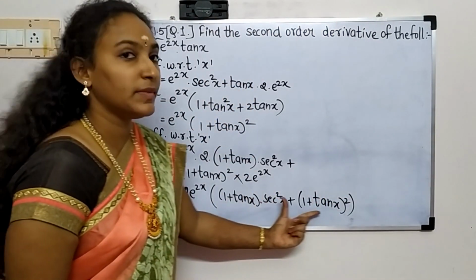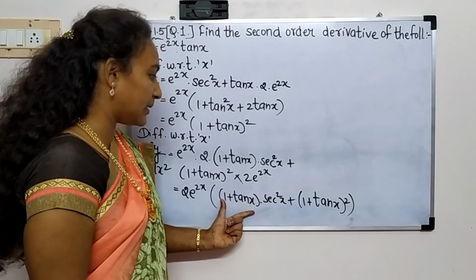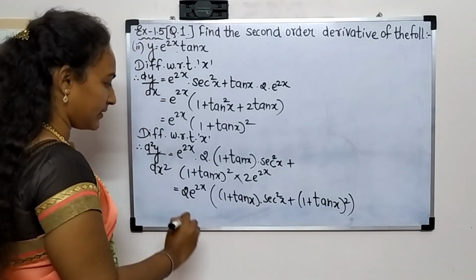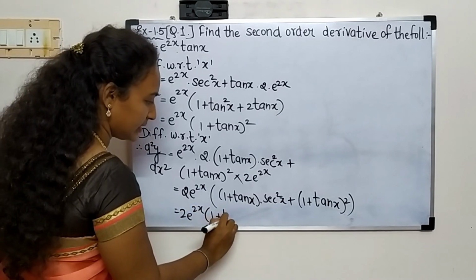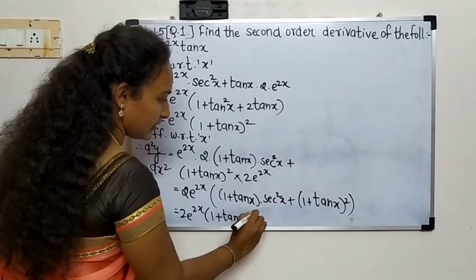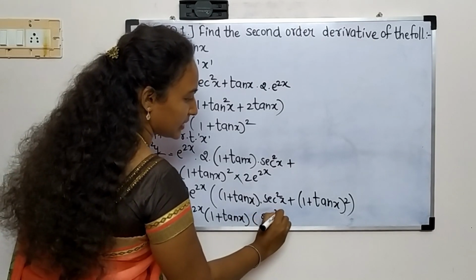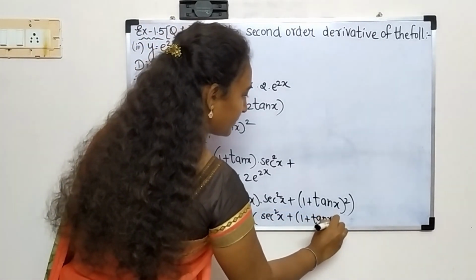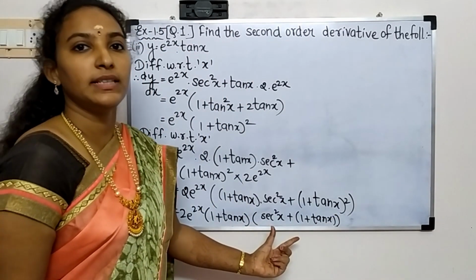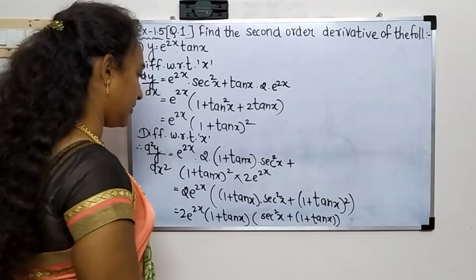Okay, and from this term we can collect 1 plus tan x as a common term. So this is 2 e power 2x, 1 plus tan x, and we are left with sec square x plus 1 plus tan x.